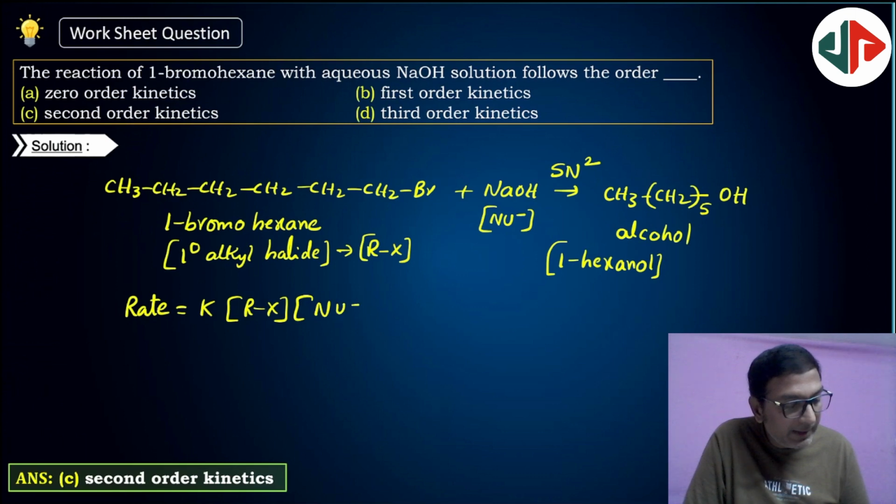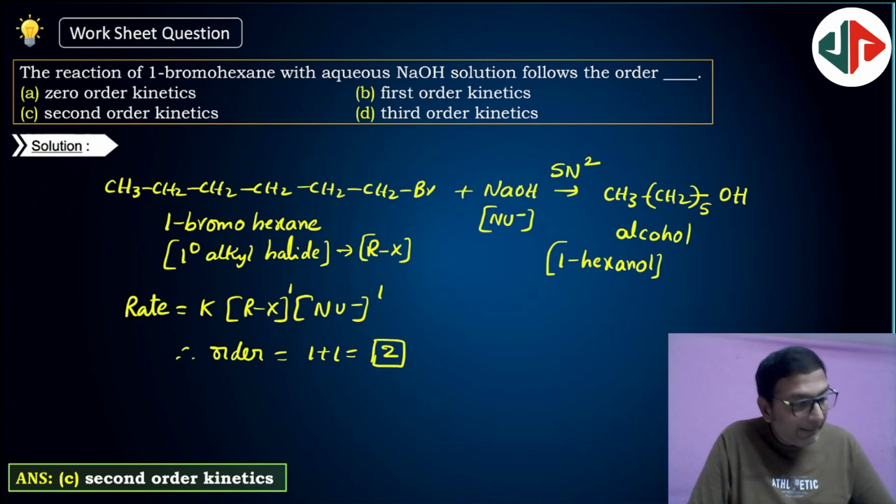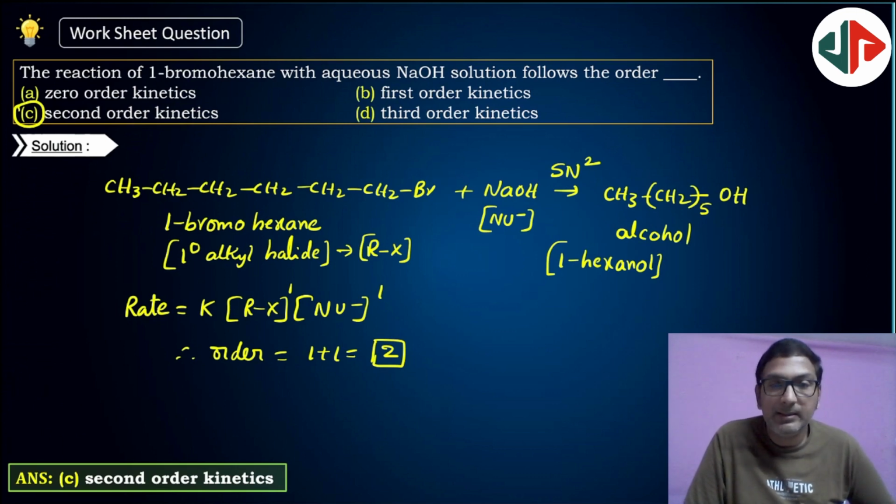Concentration of alkyl halide as well as concentration of nucleophile, so here powers are 1, 1. Therefore order equals the sum of powers, 2. So second order kinetics. In SN2, the rate depends on both concentrations.